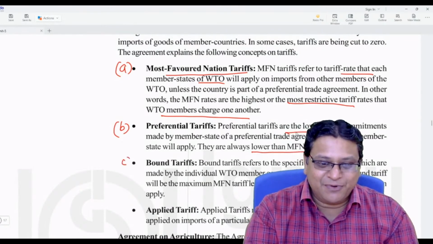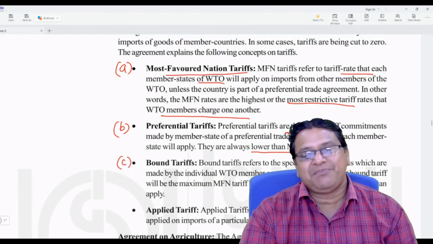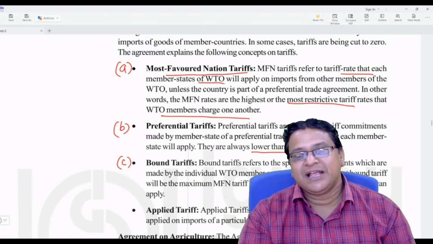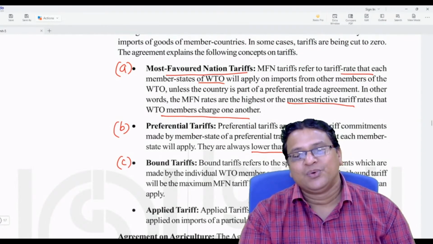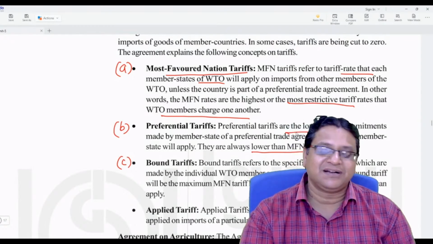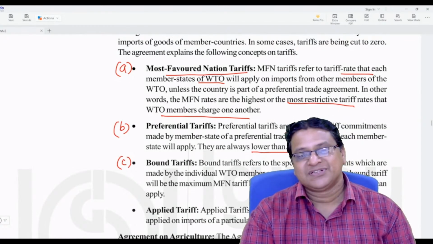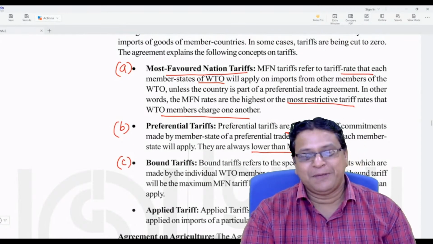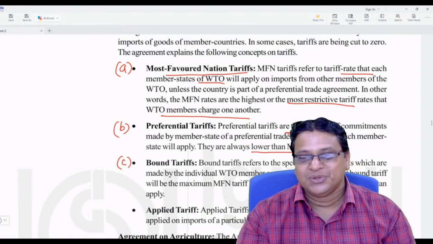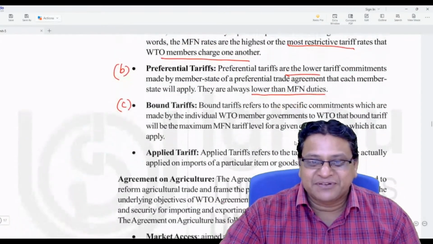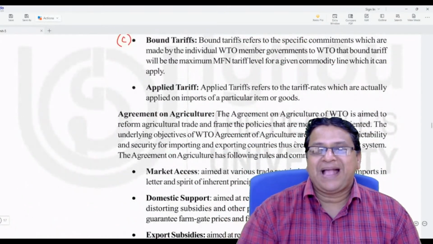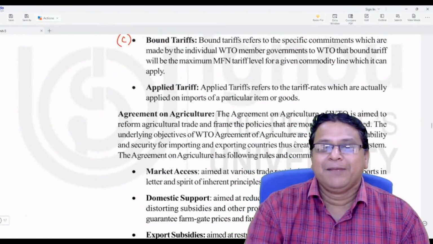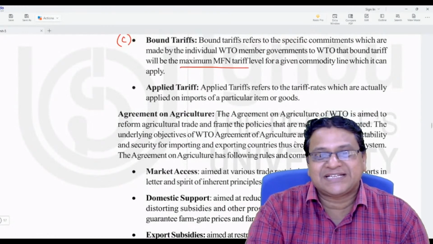Then there is a tariff called bound tariff. This is the maximum rate which a country agreed to charge for international trade of goods. It is generally above the MFN tariff. So the bound tariff is the maximum MFN tariff which a country can charge.